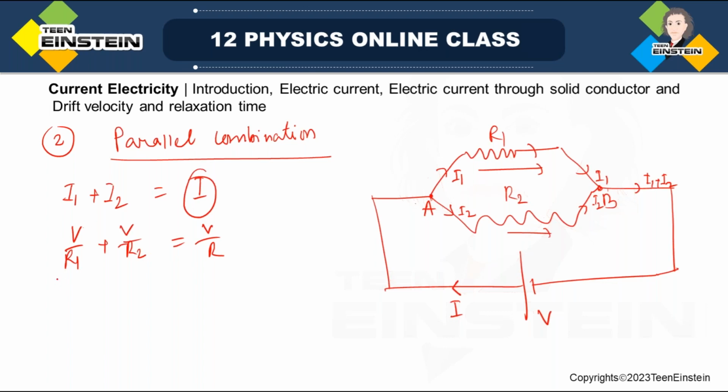So here you can see 1 by R equivalent is equal to 1 by R1 plus 1 by R2.